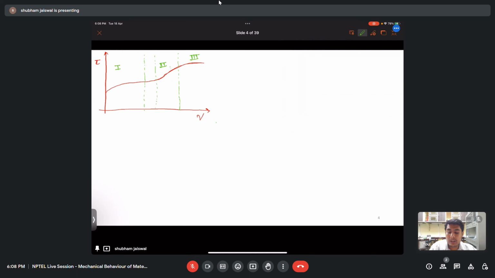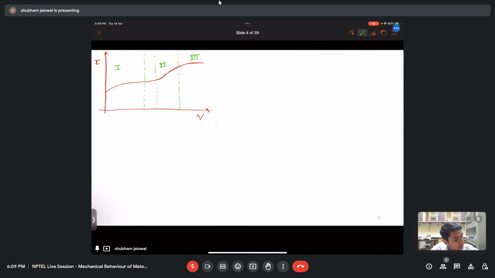In this case, the first zone is known as easy glide. Why? Because the slip system with the lowest CRSS, or in other words the slip system with the highest Schmid factor, gets activated first. It will show negligible strain hardening as the dislocations slip away.